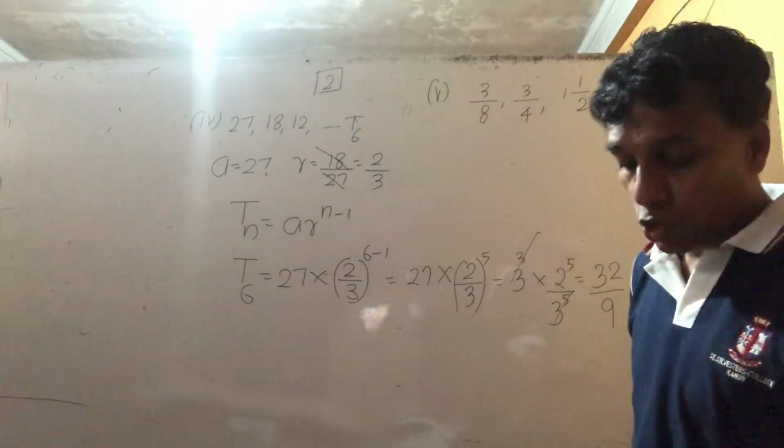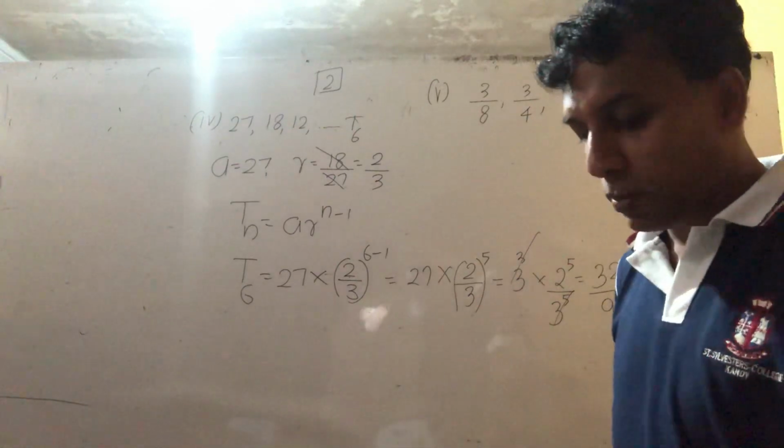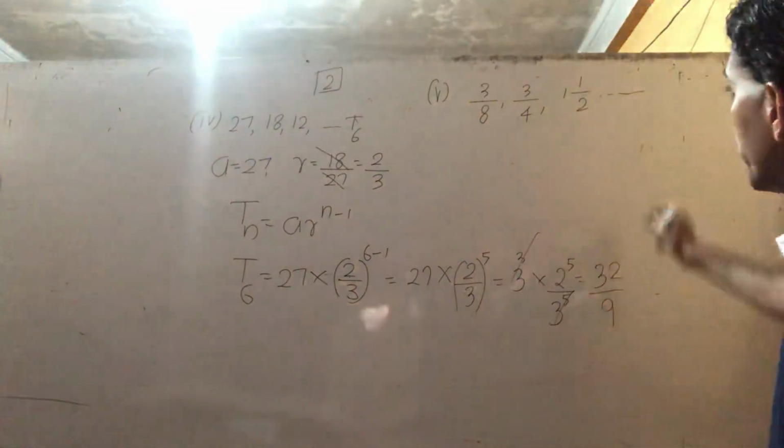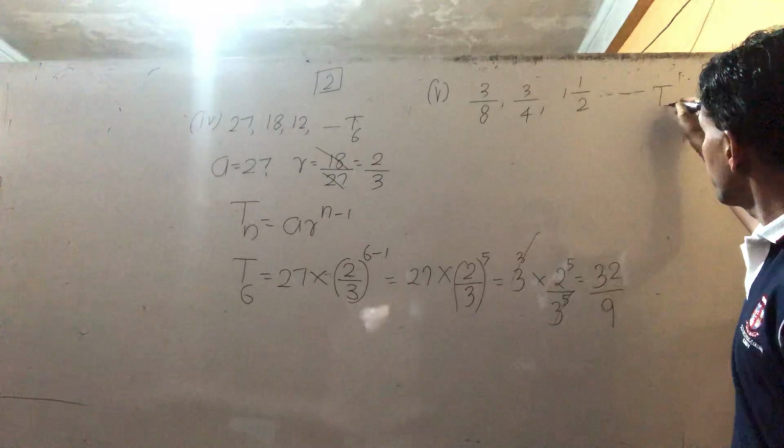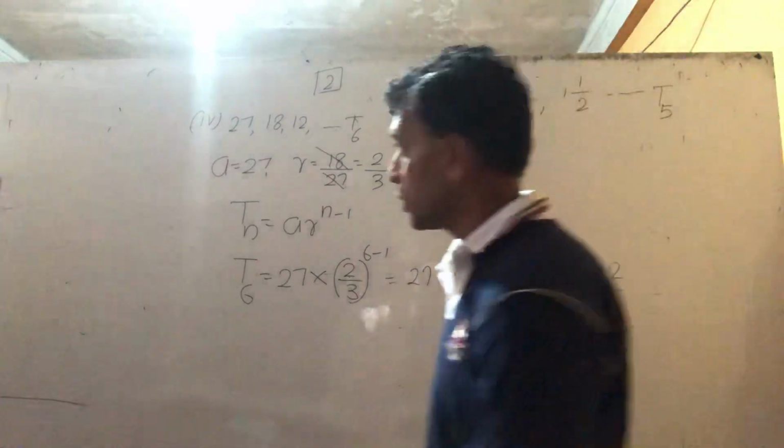Next question: 3/8, 3/4, 1.5. Find the T5. Find the fifth term.